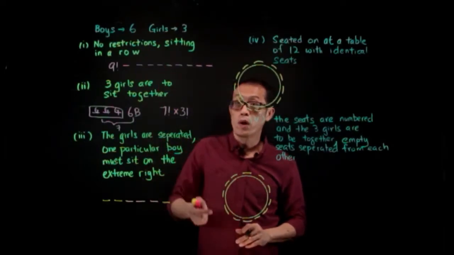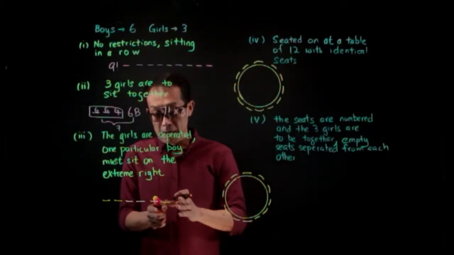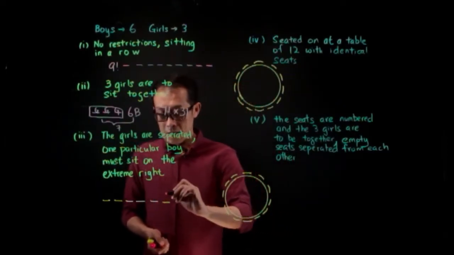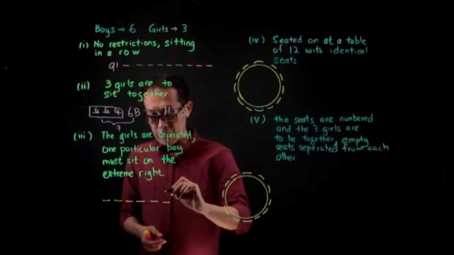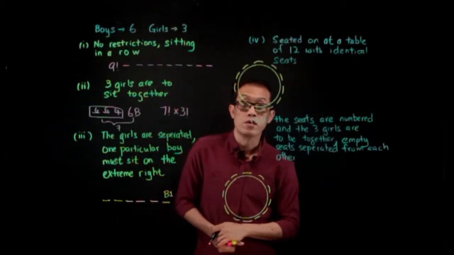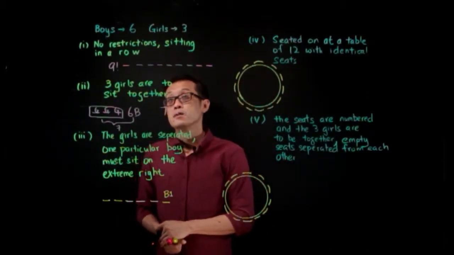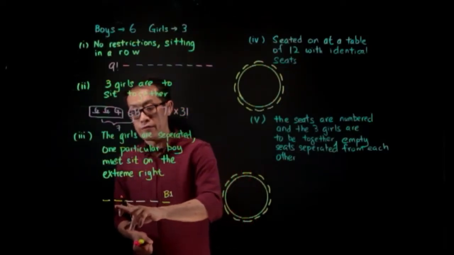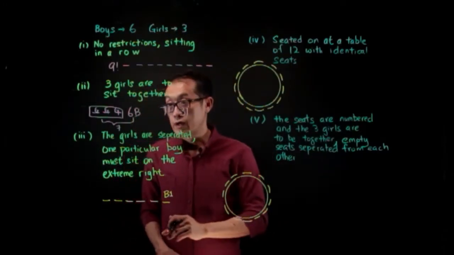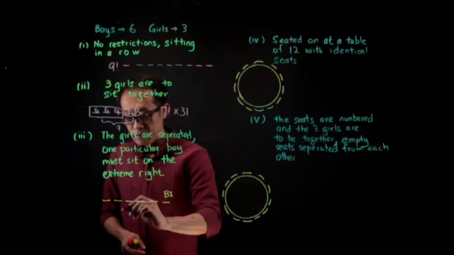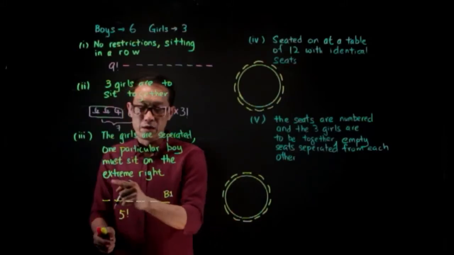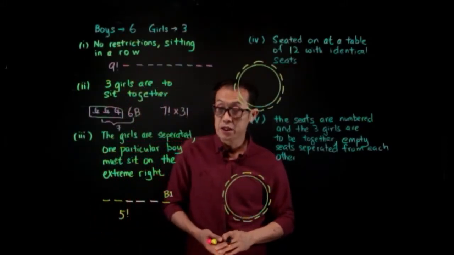Now, one particular boy must be seated on the extreme right. Let's say the boy B1 is to be seated on the extreme right. Now, how many boys are left? You have 1, 2, 3, 4, and 5. So the remaining boys have 5 factorial ways to sit in these 5 empty chairs.